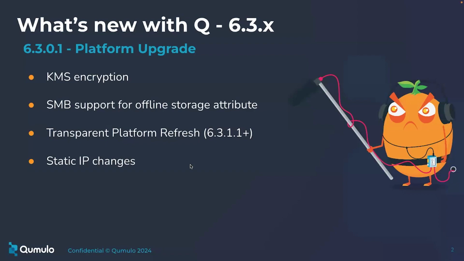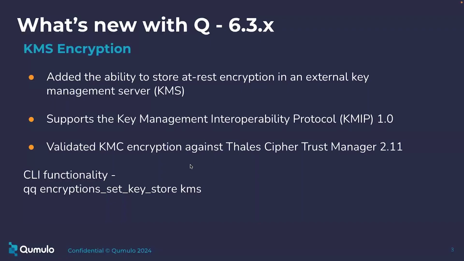Alrighty. So KMS encryption, one of those things that if you don't know what any of this means on this slide, you're probably not using it, and I wouldn't worry too much about it. But for the security conscious and security minded, with 6.3.0, we did have the ability to do at-rest encryption with your external key management server if you happen to have one.